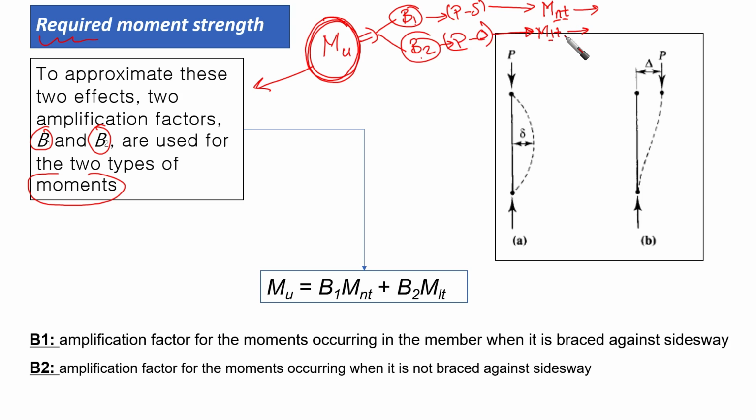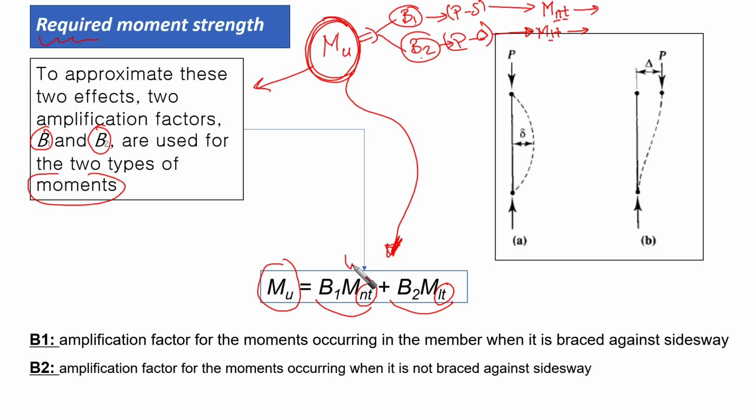So how are we going to take this into consideration? As you can see here in this equation, the required moment strength is going to consist of two components. The first component is related to the no translational case moment, and the second is related to the lateral translational case moment.